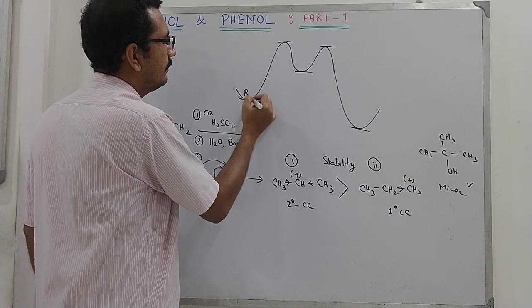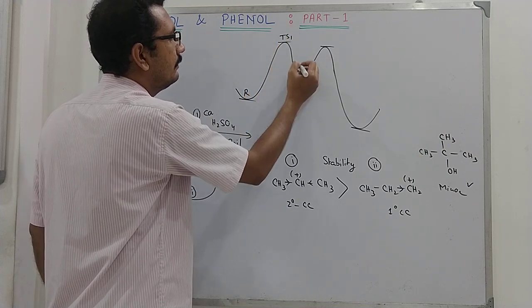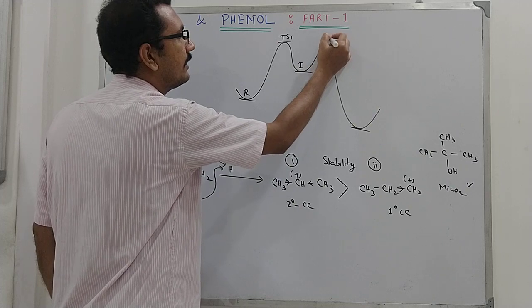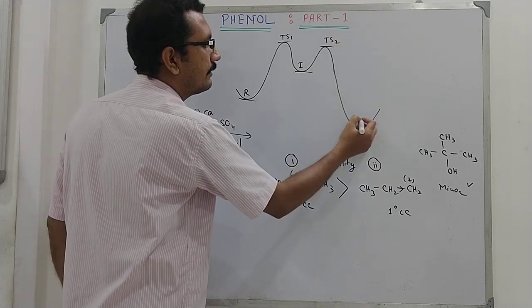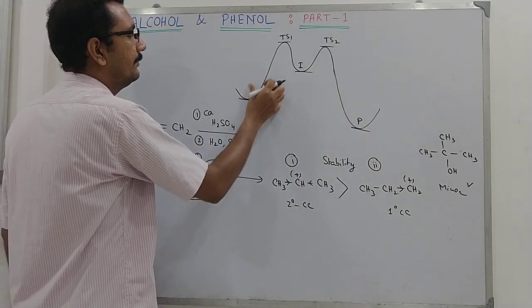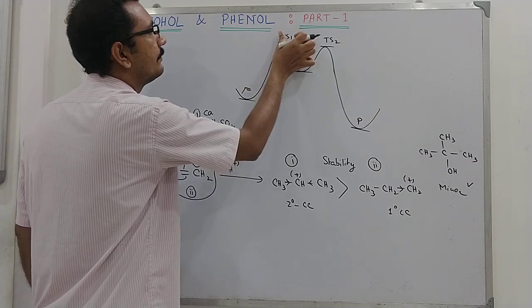Now here is the reactant, here is the transition state 1, here we have the intermediate, here we have the transition state 2 and here is the product. Now we have here propene.